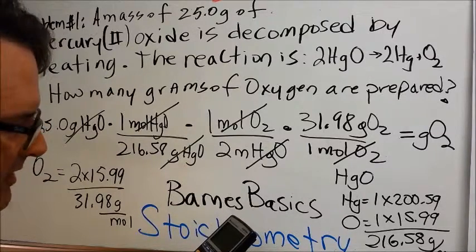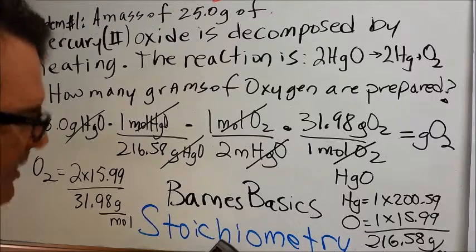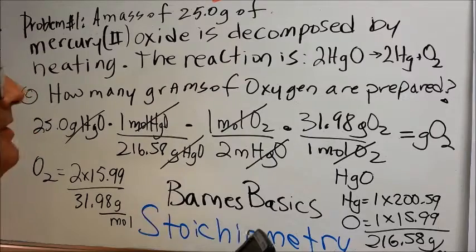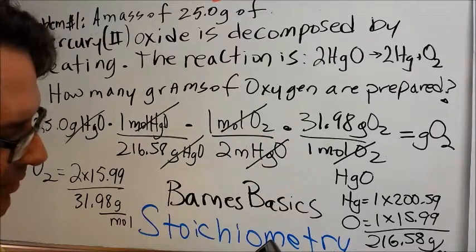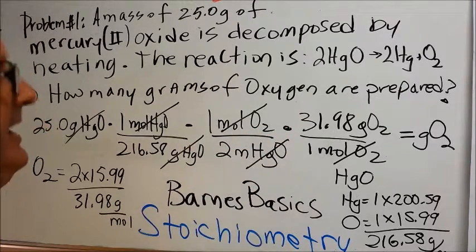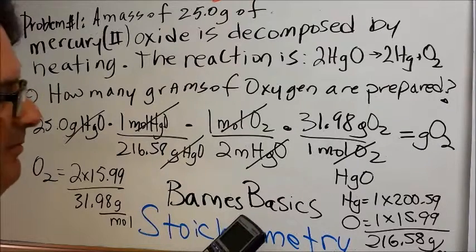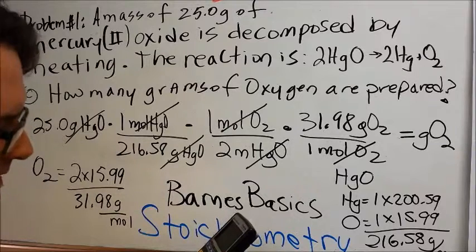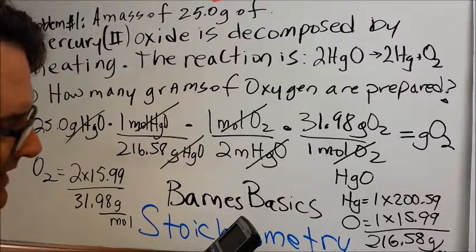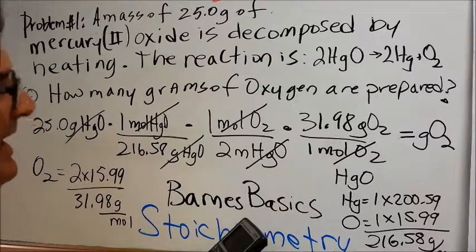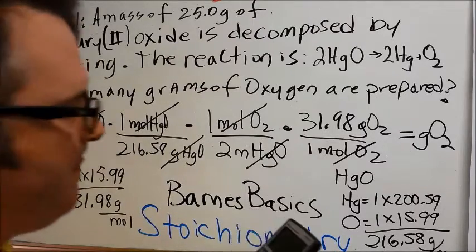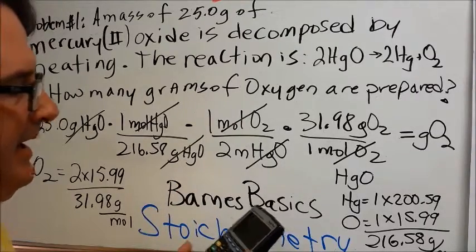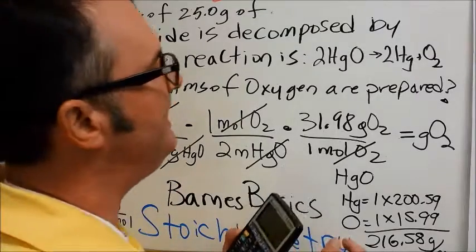25.0 multiplied by 1 multiplied by 1 multiplied by 31.98 and hit enter, and I got 799.5, divided by 216.58, hit enter, and I got 3.69, divided by 2, hit enter, and I got 1.845.